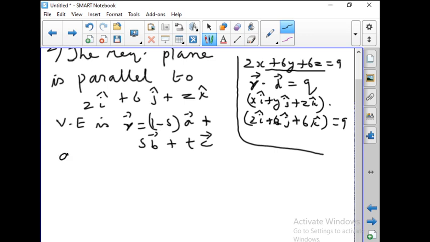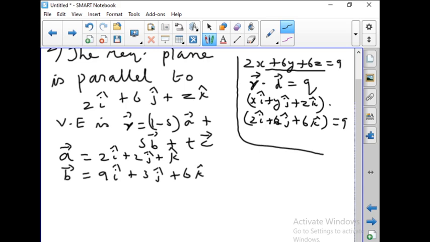So what is a vector here? a vector is equal to 2i cap plus 2j cap plus k cap, and b vector is equal to 9i cap plus 3j cap plus 6k cap, and c vector is equal to 2i cap plus 6j cap plus 6k cap.